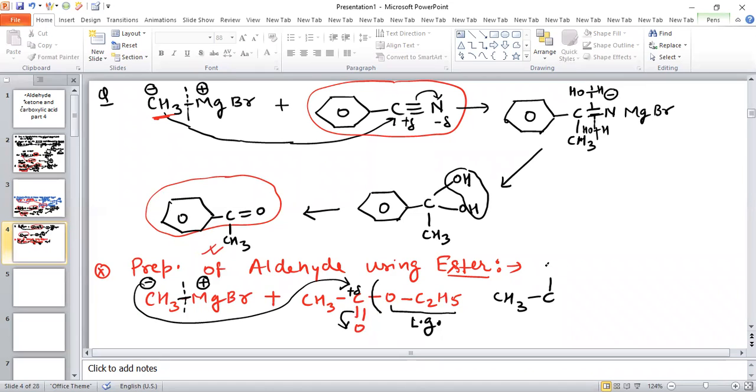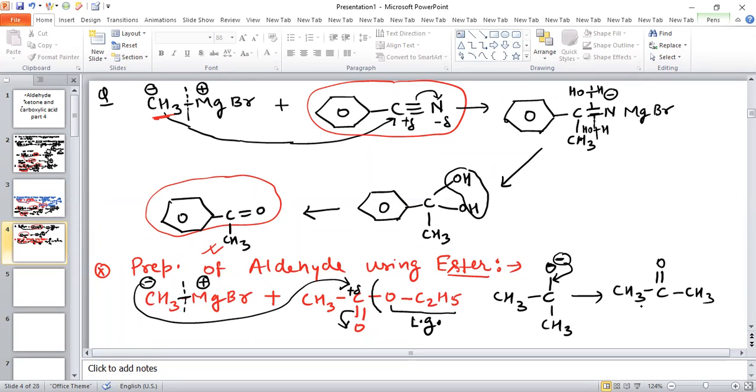When this pi bond breaks, there is negative charge on the oxygen atom, and on this carbon the CH3 group gets attached, and the leaving group is removed. In this case, this negative charge will shift between these two atoms. So it will form a ketone as a product.